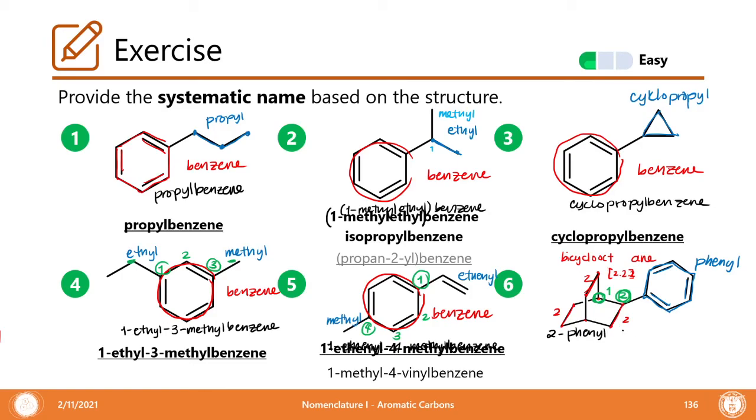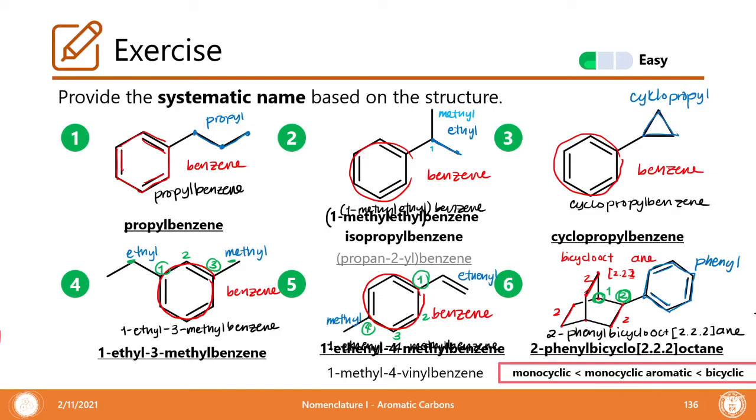We have bicyclo, oct, square brackets 2, 2, 2, ane. So 2-phenyl bicyclo 2,2,2-octane. I forgot something. The octane comes after the numbering.